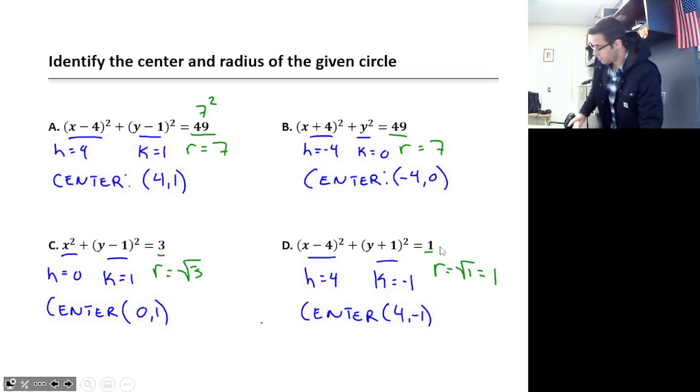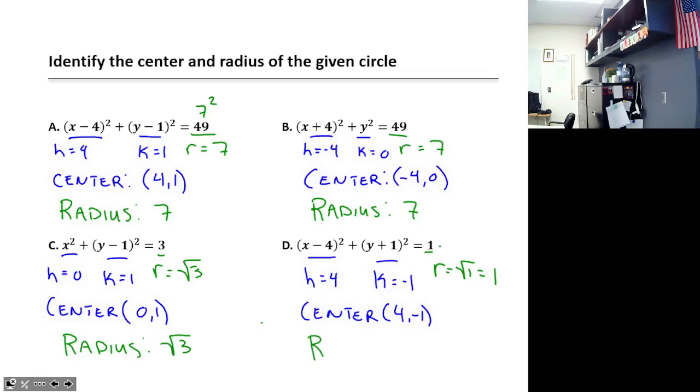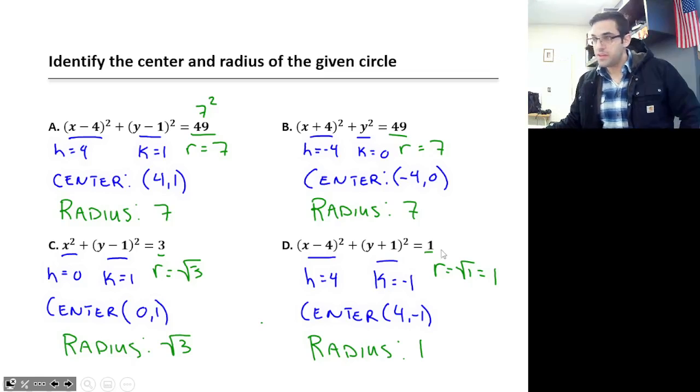So if I wrote those on the board, those will be the radii for these examples.